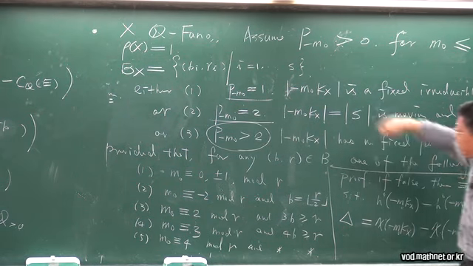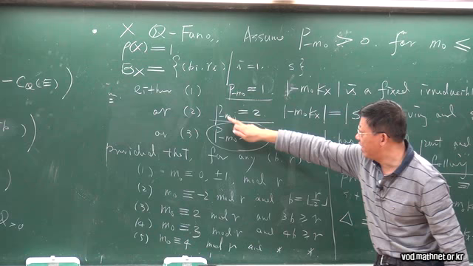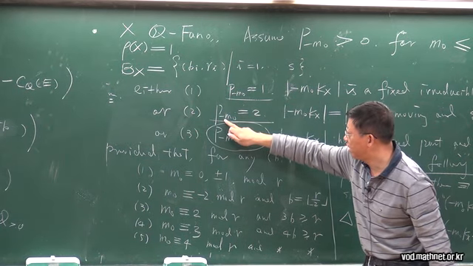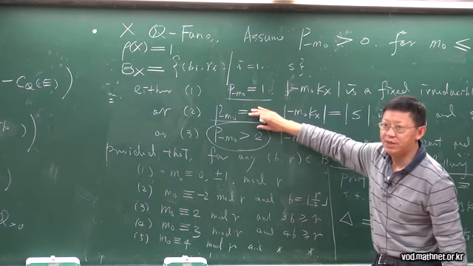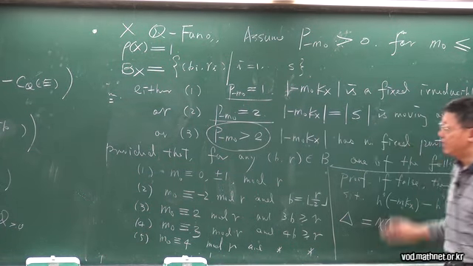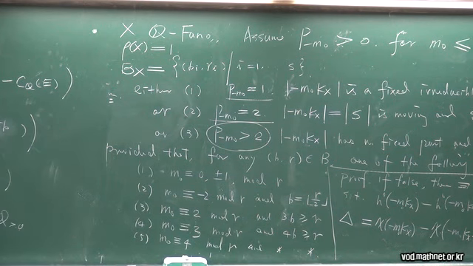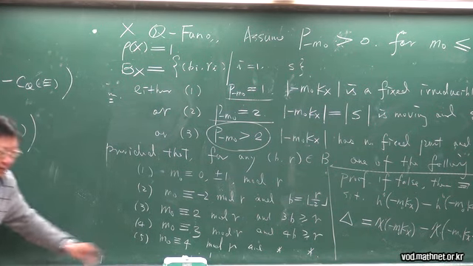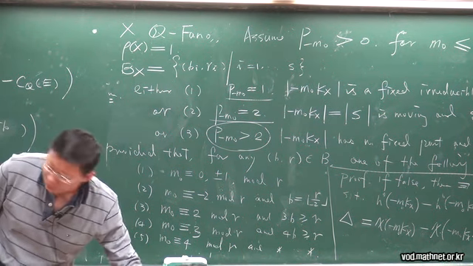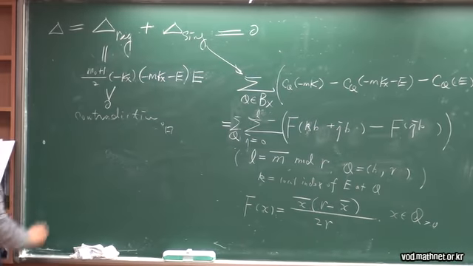But we have another theorem to treat this case. Say 2 times or 3 times, it should not be a tensor. Then roughly we are done. So this is the result. So our theorem is like this.